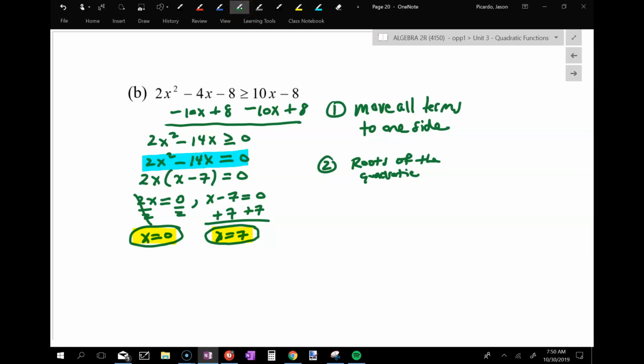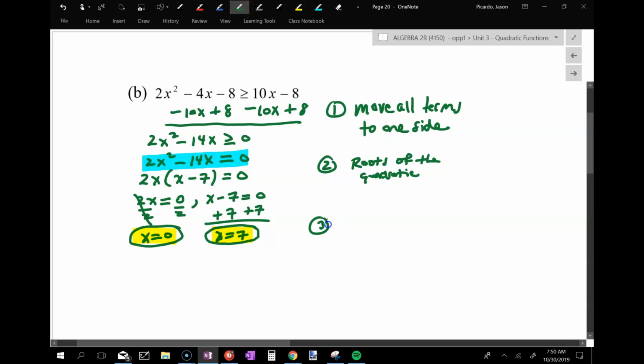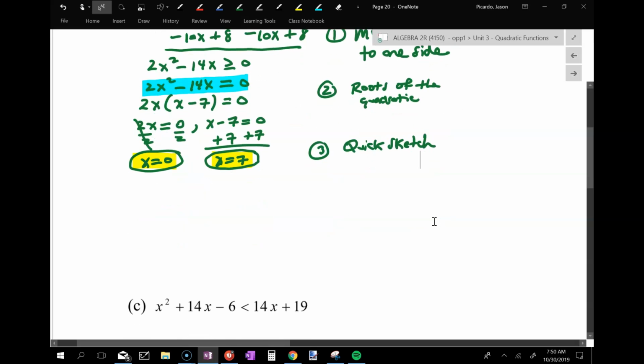So if I asked you guys to create a quick sketch, just a really, really quick sketch of the parabola, what would it look like? Well, you would have an x-axis. You would have a y-axis too, of course, right? I don't really care about the y-axis. And you would have a happy parabola. Here's my happy parabola with roots of 0 and 7.